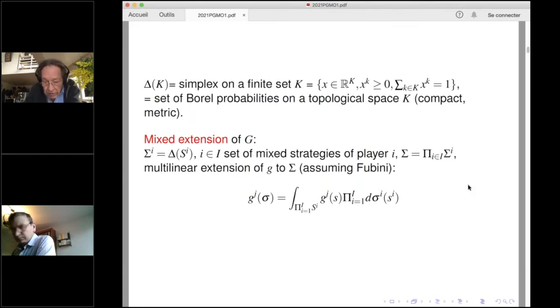The interest of the mixed extension of a game is that you convexify the set of strategies and the payoff function while keeping the topological properties. If the set of strategies is compact, the set of mixed strategies will still be compact. If the payoff function is continuous, then the mixed extension will still be continuous. In addition, you have geometrical properties.